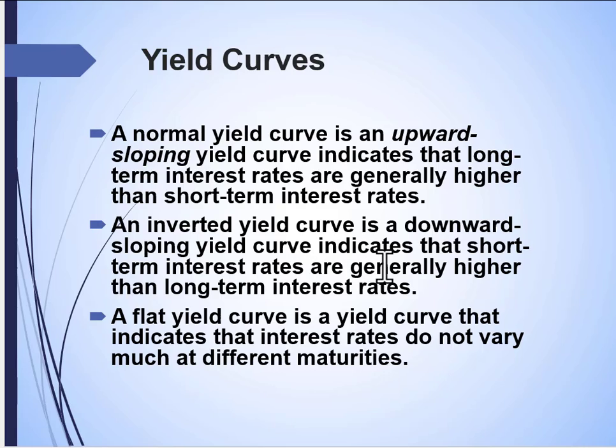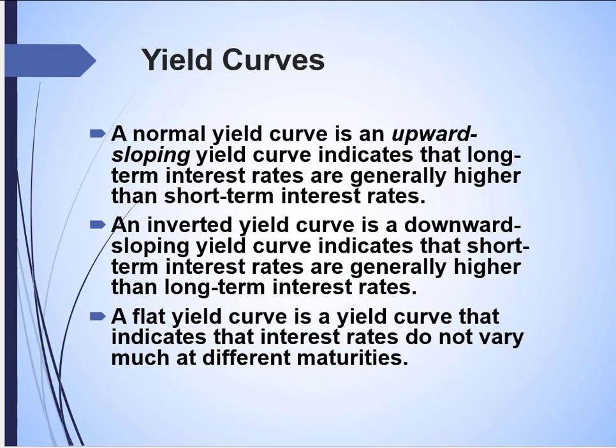This basically is the opposite. It says short-term rates are higher than long-term rates. This usually is an indication of some type of economic upheaval, right? Recession, depressionary times could have inverted curves. Now, a flat curve basically says that there's very little difference between short-term and long-term securities.